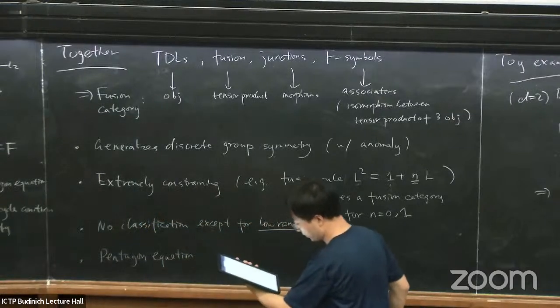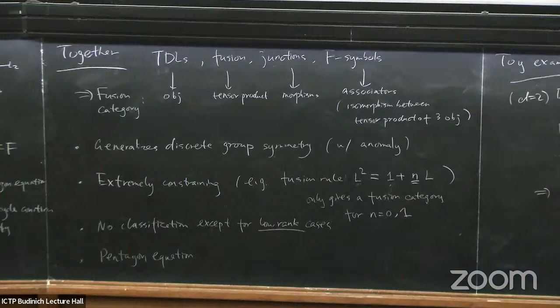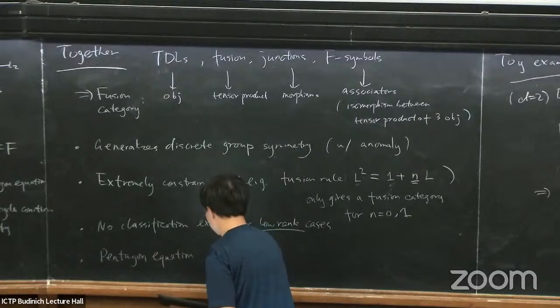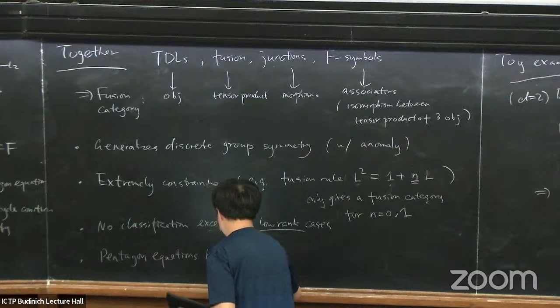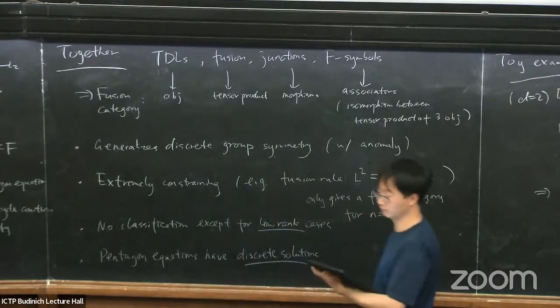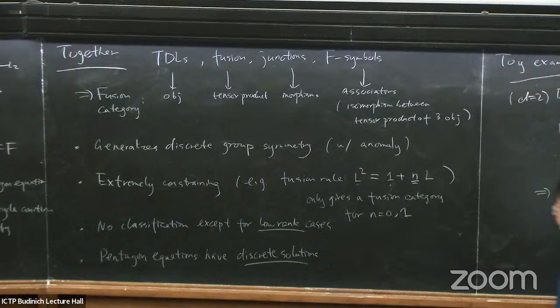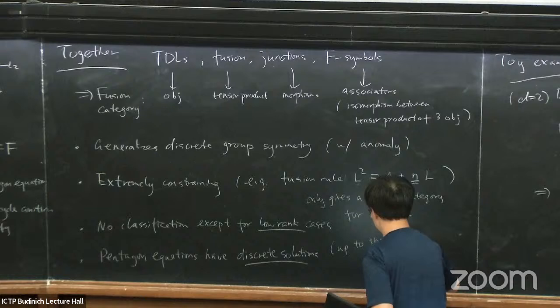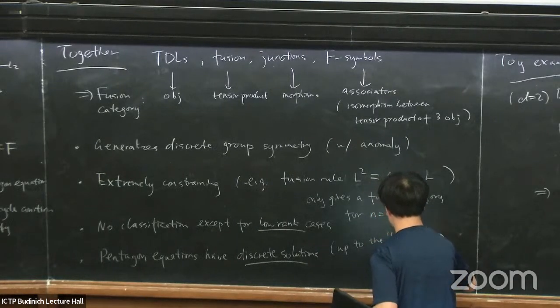That is up to this gauge freedom that we have associated with redefining each point-like operator that lives at the junction. There are topological point-like operators. The pentagon equations have only discrete solutions, again up to the gauge freedom that we talked about in redefining these junctions.